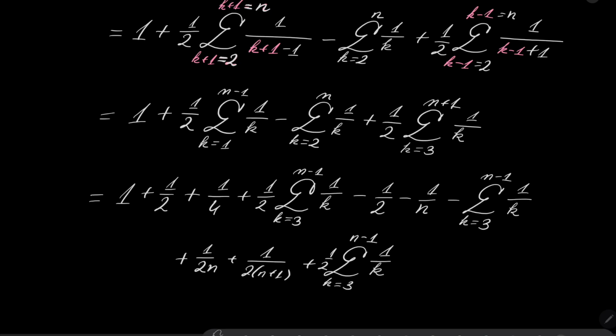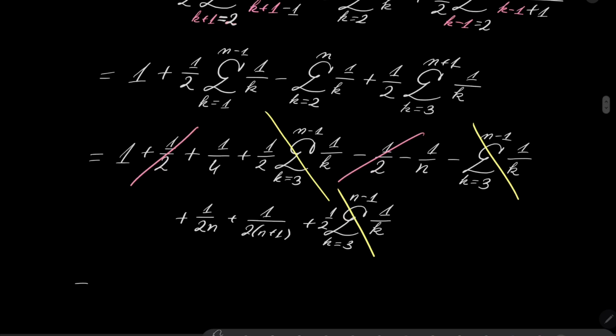All right, now cancellations are possible. First, here we have 1/2 minus 1/2. It is gone. Here we have 1/2 times our sum, here we have minus our sum, and again plus 1/2 our sum. So after these simplifications, we have 5 over 4. And what do we also have? We have minus 1 over n plus 1 over 2n.